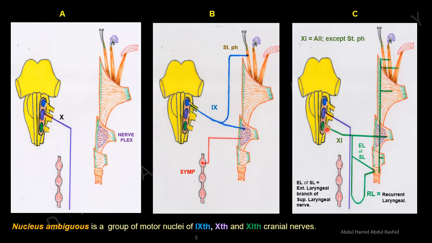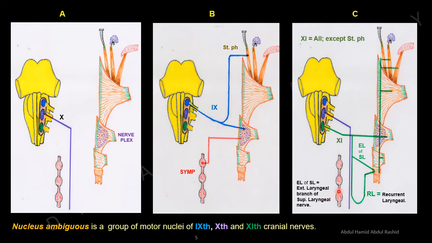This nerve comes out and gives branch to the pharyngeal plexus and supplies the superior constrictor, the middle constrictor, the inferior constrictor, both parts of the inferior constrictor, thyropharyngeus and cricopharyngeus parts, and also the two remaining longitudinal muscles, that is salpingopharyngeus and palatopharyngeus muscles.